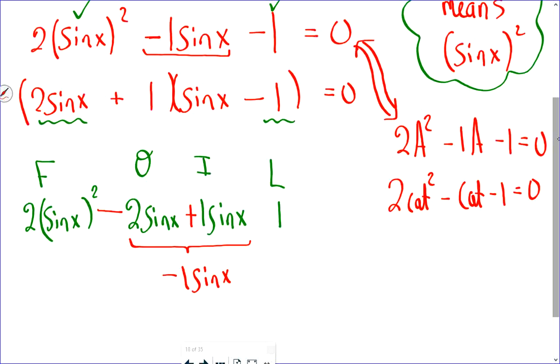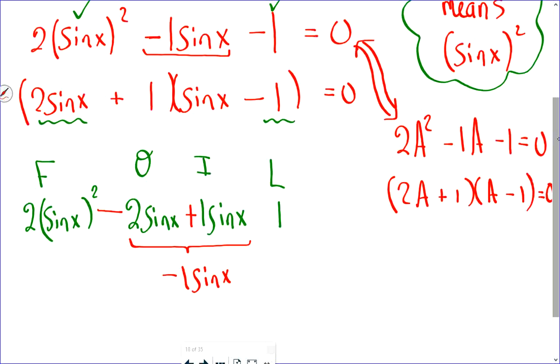Okay? Now, what you could have done, and I recommend this for somebody who is struggling a little bit, if it's easier on your brain, is rewrite the equation as 2a squared minus a minus 1, and factor this.